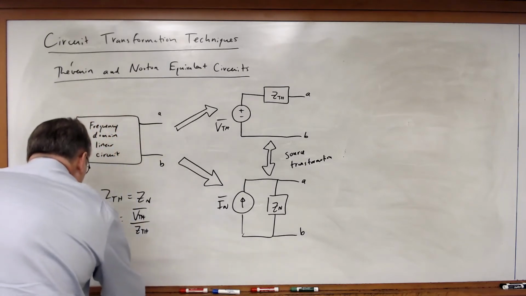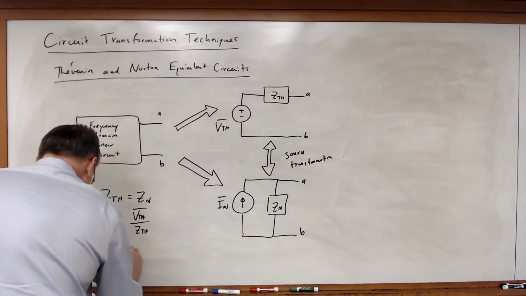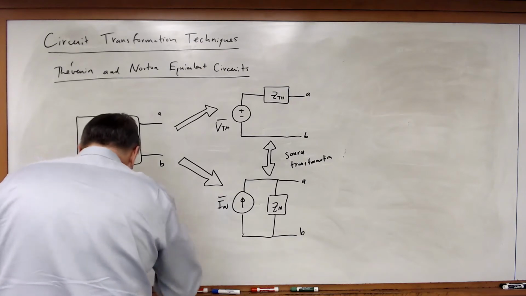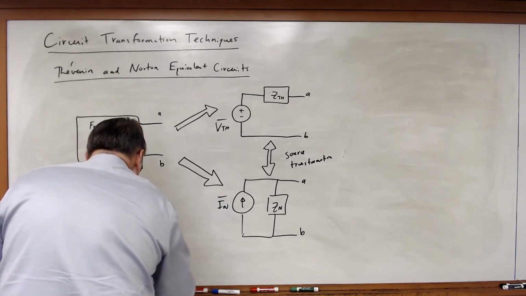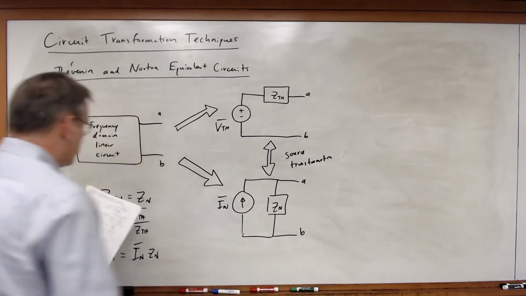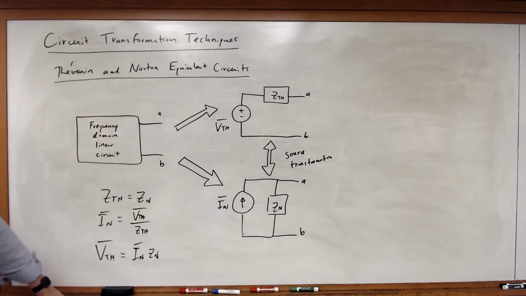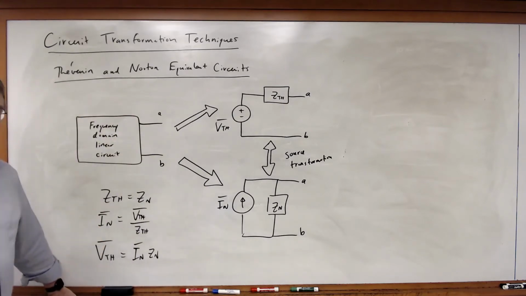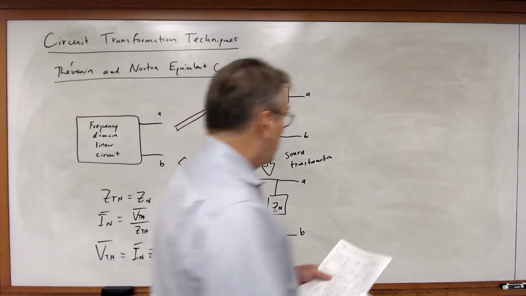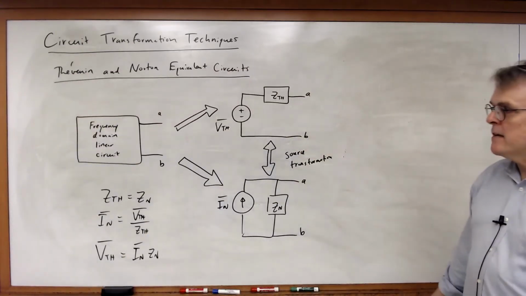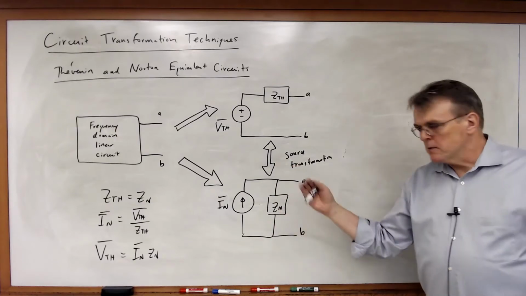And VTH is equal to IN times ZN. So exactly the same types of equations we saw before. We're just now dealing with complex numbers, with phasors and with impedances, as opposed to time domain sources and resistors. Okay, so this principle is exactly the same. So let's just work through a couple of examples to demonstrate that.